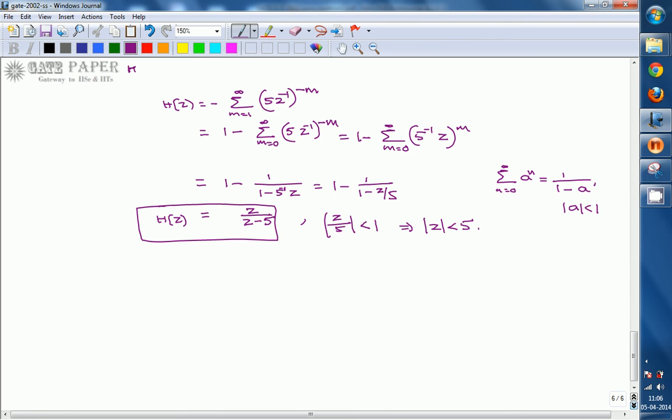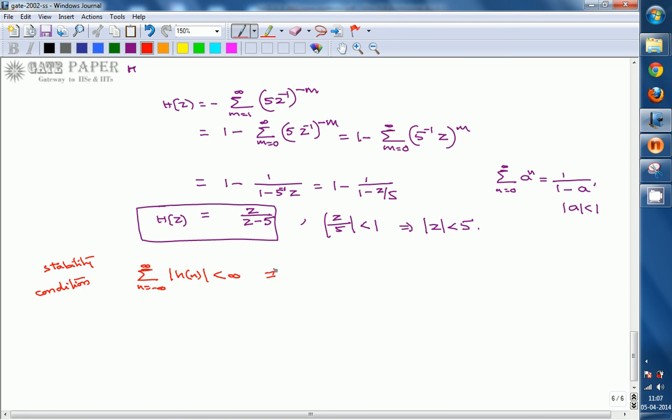In order to decide the stability, for discrete time systems given the impulse response, the stability condition is summation n equals minus infinity to infinity mod h of n must be less than infinity.